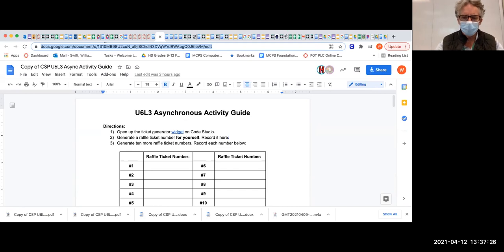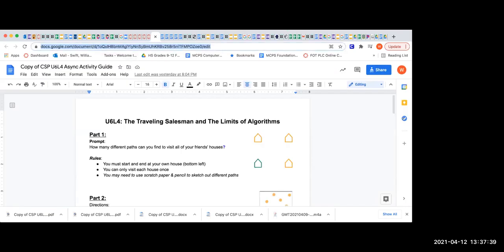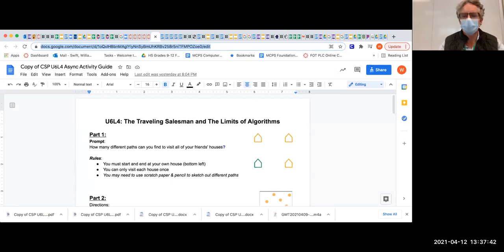Okay, try that. That should work. It worked for the other class. Yeah, it worked. Okay, and here comes L4. Hang on.